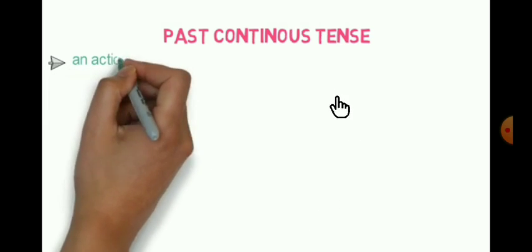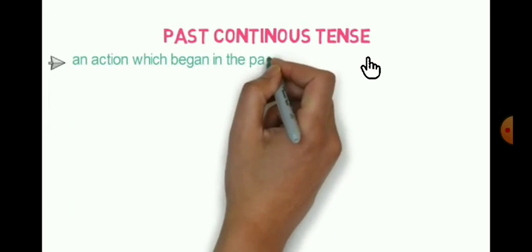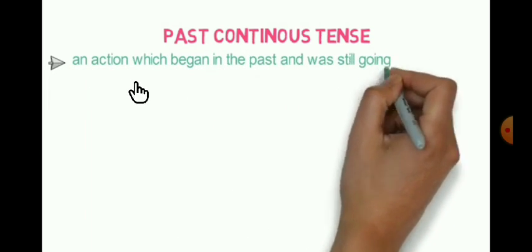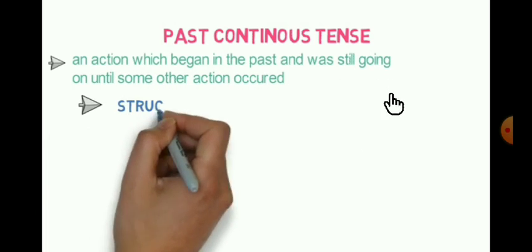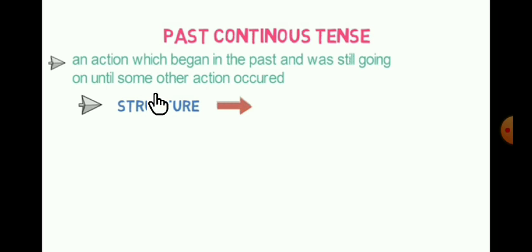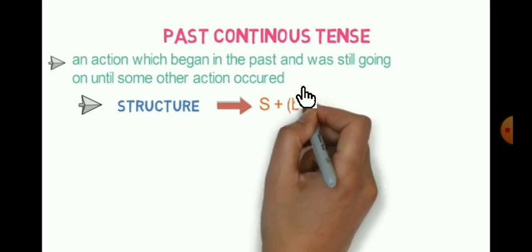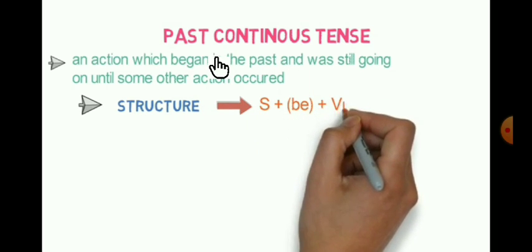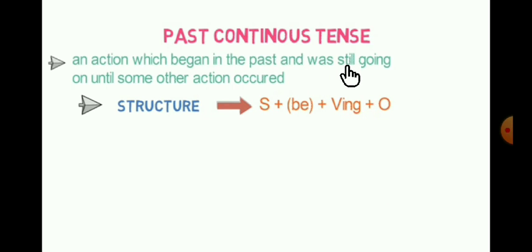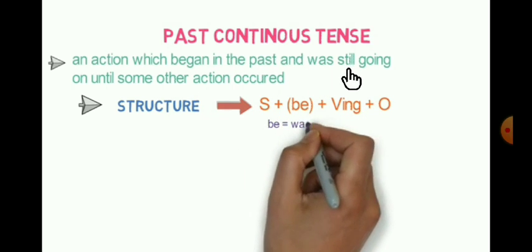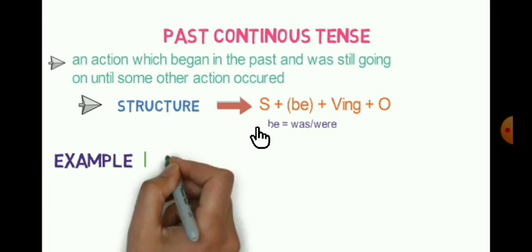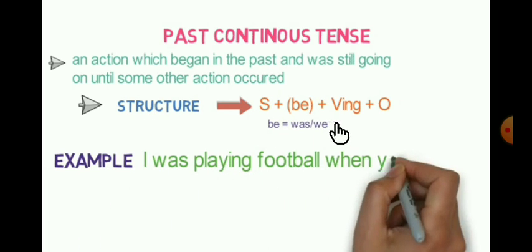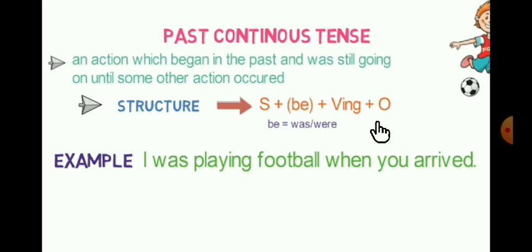When we come to past continuous tense, what is its definition? An action which began in the past and was still going on until some other action occurred. An action which is going on, which started in the past and is not stopped until another action starts. So here the structure is subject, be form of the verb plus verb in the form of ing plus object.